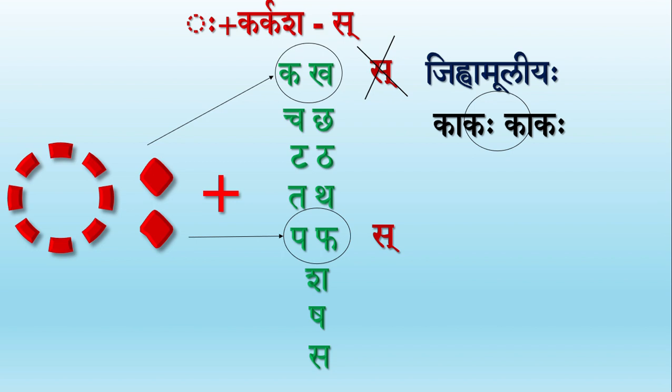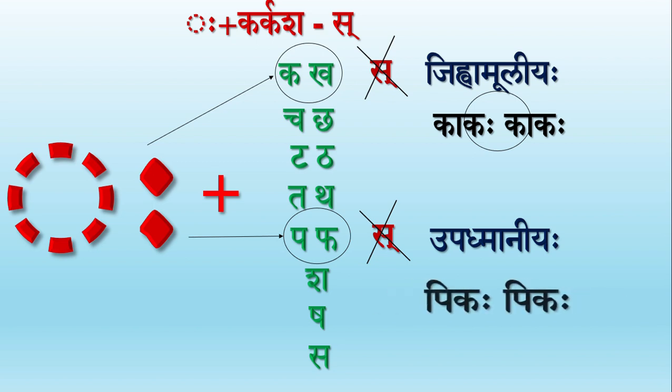Instead, it turns out to be Upadmaniyaha. For example, Pikaha plus Pikaha becomes Pikaf Pikaha with a sound F in between wherever there is an Upadmaniyaha. So, Kakah Kakaha is a Jihvamuliyaha and Pikaf Pikaha an Upadmaniyaha. The Aksharam Sa doesn't enter in these two cases.